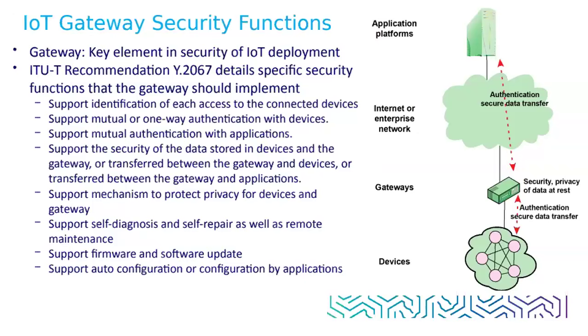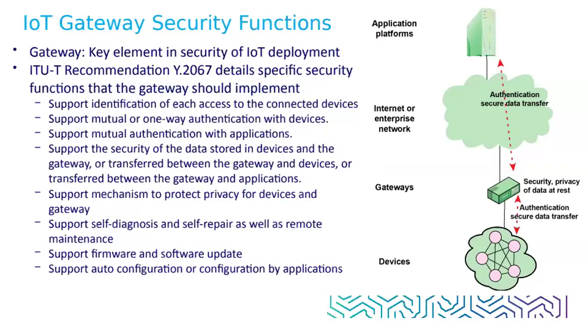The ITU-T recommendation Y.2067 clearly specifies that the gateway should support device identification, one way or mutual authentication with the device, mutual authentication with applications, data security during storage and transmission, privacy protection, self-diagnosis, self-repair with remote maintenance, and firmware and software update, automatic or application-based.